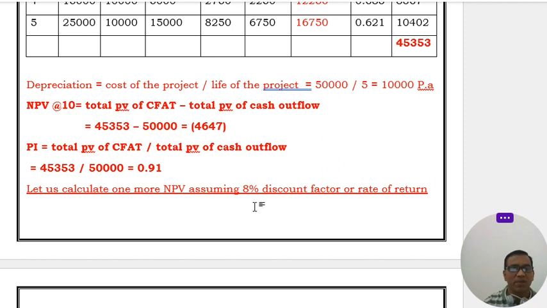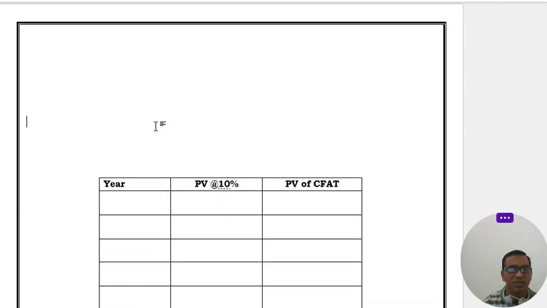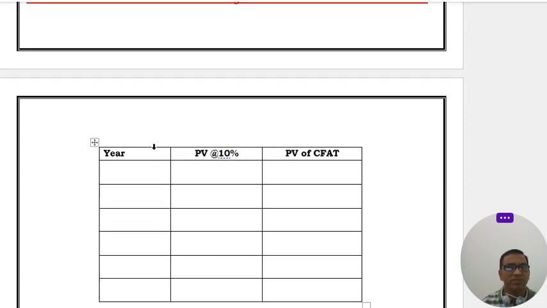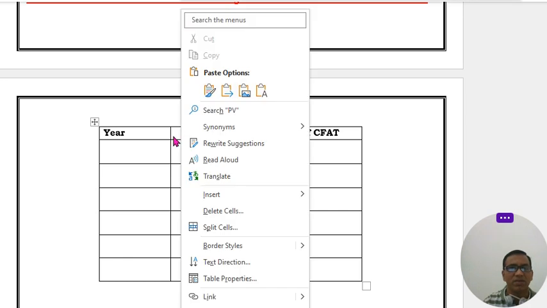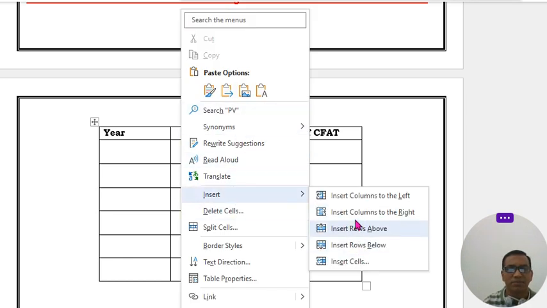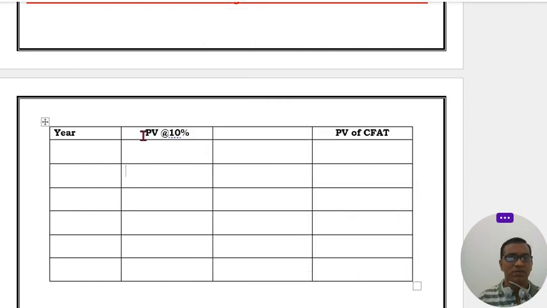So I prepare one more table. This is the table I am taking. Here one more column I want to include. Insert. This is what I will try at 8%, as I told before, less than 10%.